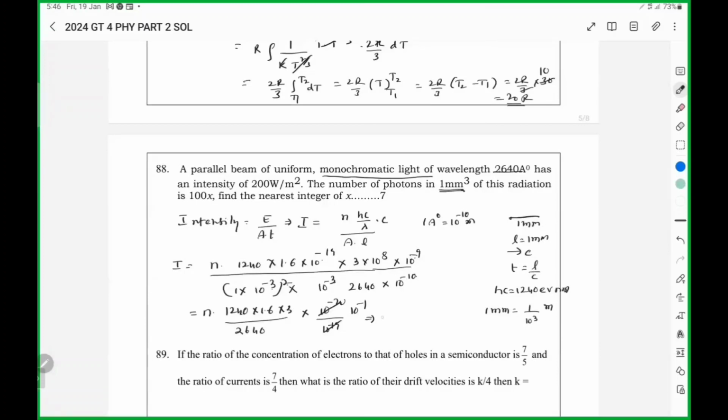So N here is, intensity is 200. This is 1 by 10, 10 by 2640 by 1240 into 1.6. It's roughly, if you multiply, 2480, but it is a little more than 2.